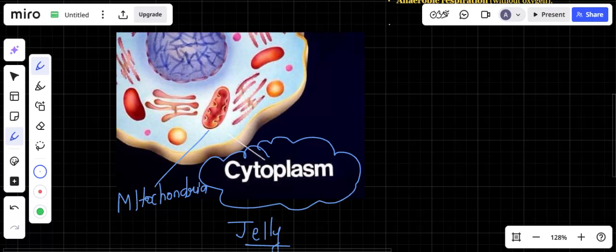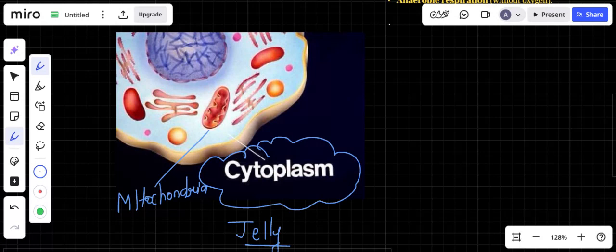The cytoplasm is the major place where the glycolysis process starts with one molecule of glucose. Whatever you eat, your body absorbs glucose from the food and gives it to the cytoplasm.